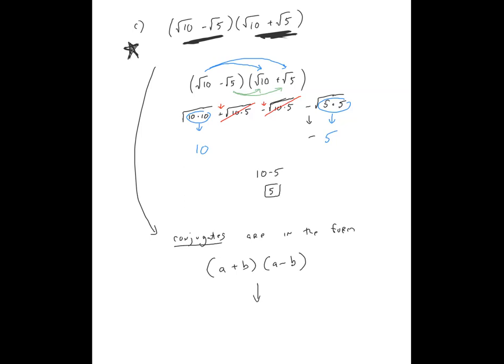And when you multiply them, here's the work, but this is the solution: a squared minus b squared.